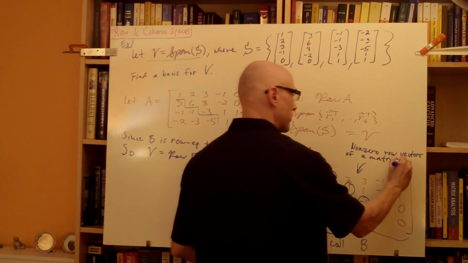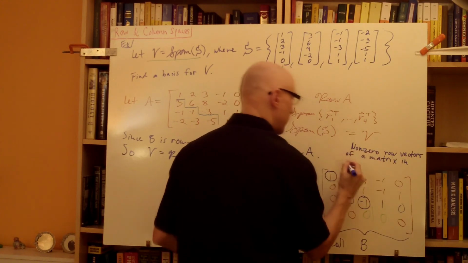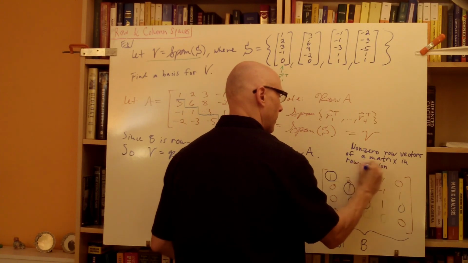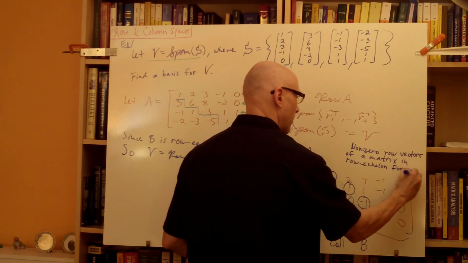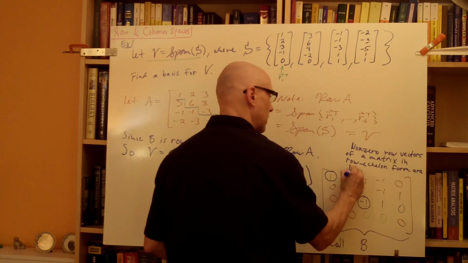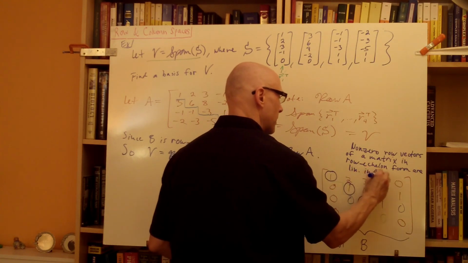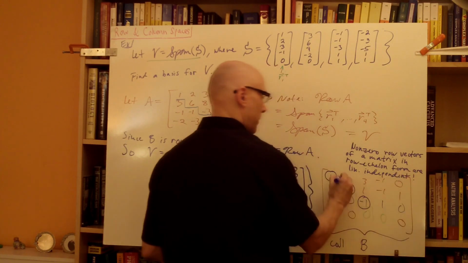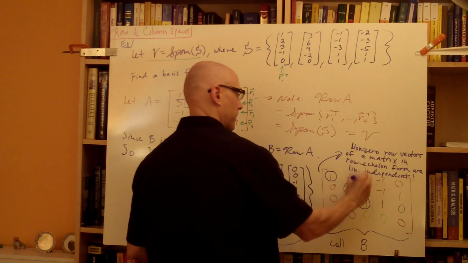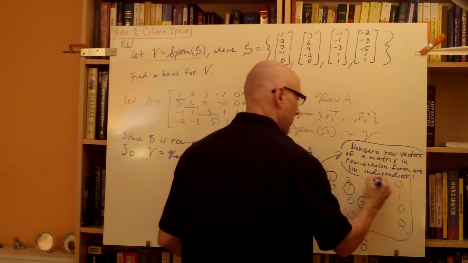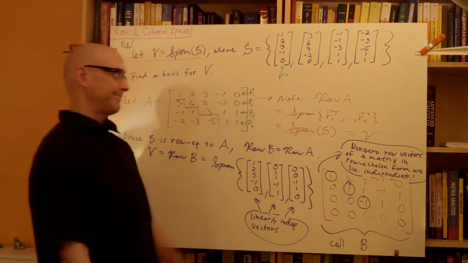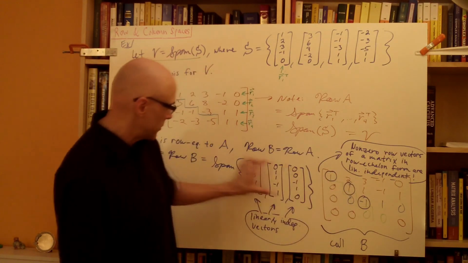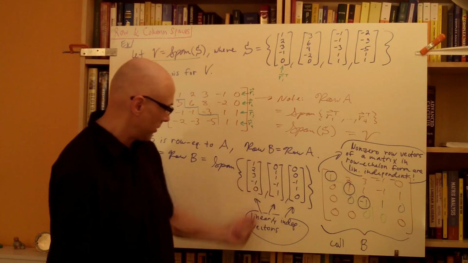Non-zero row vectors of a matrix in row echelon form are always linearly independent. So that's how we know these are linearly independent, and then when you take their transposes and put these guys down, they're still linearly independent.